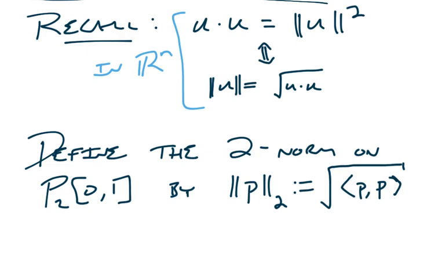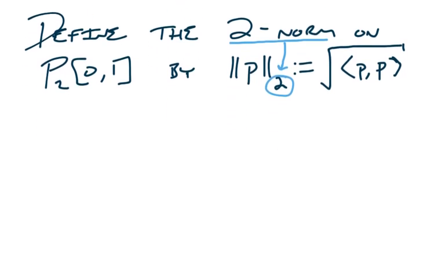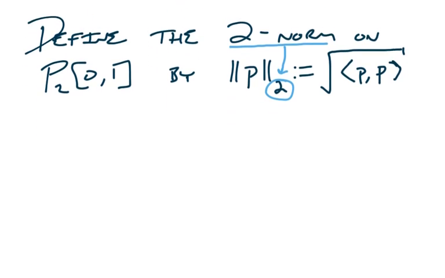It's called the 2 norm, and that's why there's a 2 down there. Now, the reason why it's called the 2 norm comes from the fact that if we expand this, what does this actually look like?